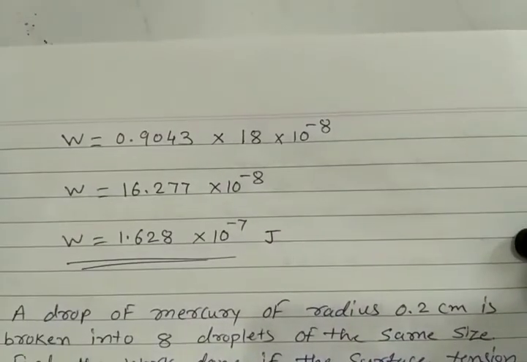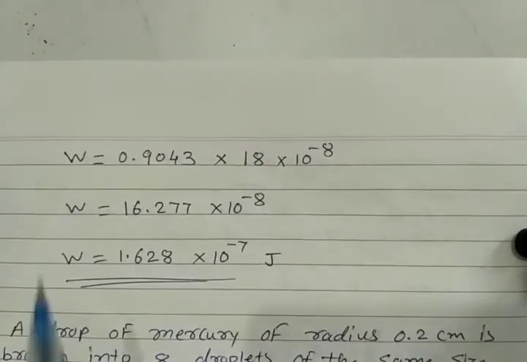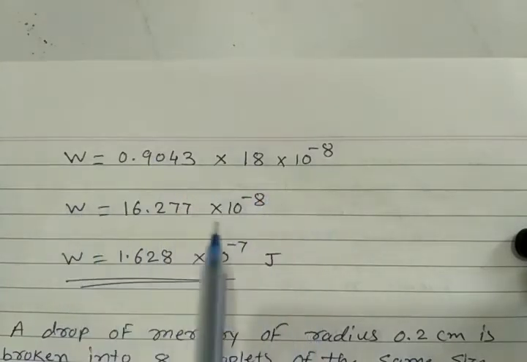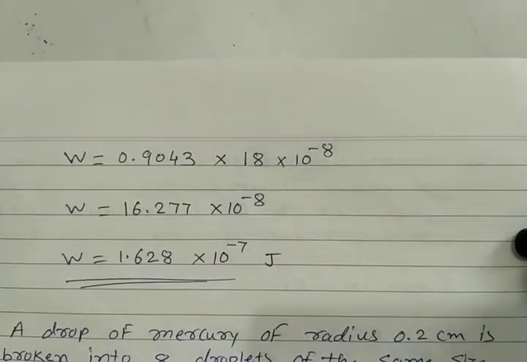So when we solve this, the answer comes to be 0.9043 into 18 into 10 raised to minus 8, and simplifying this, the final answer is 1.628 into 10 raised to minus 7 joule. So try to solve this by using log table. You know how to use log table.